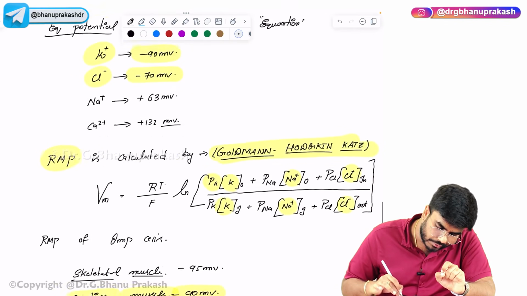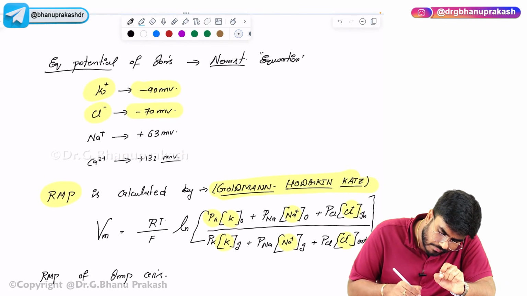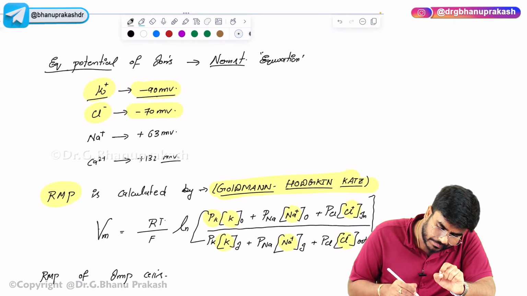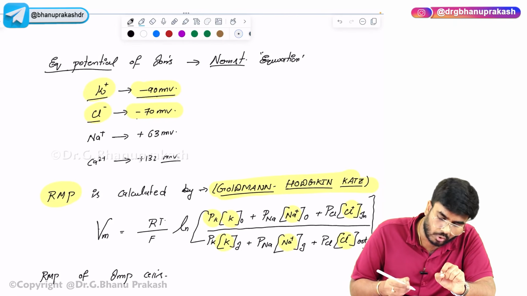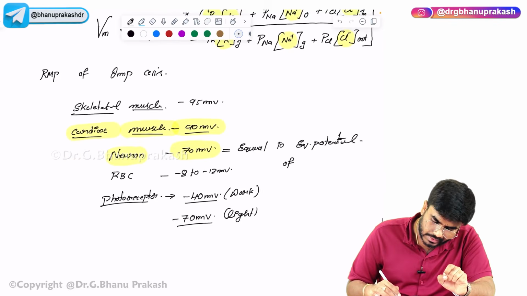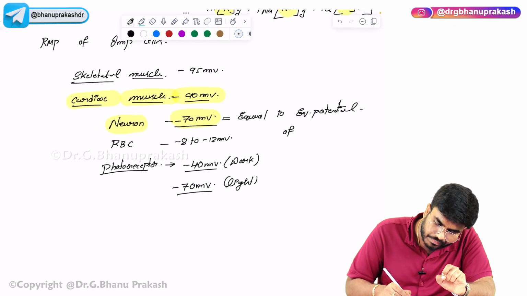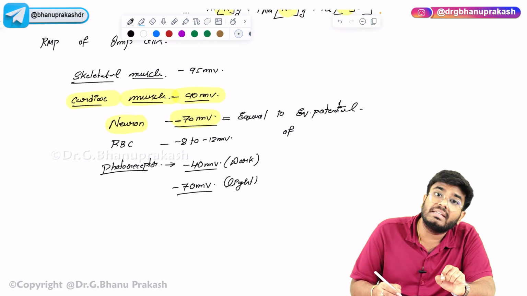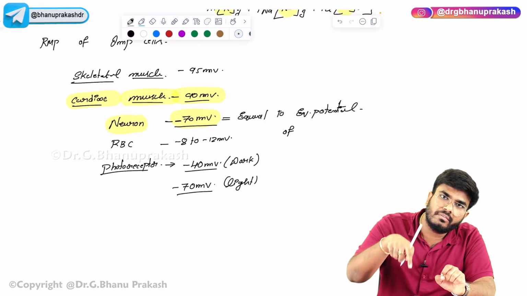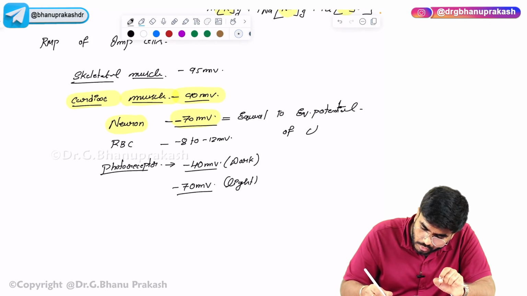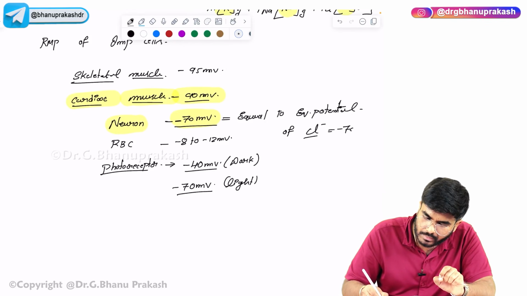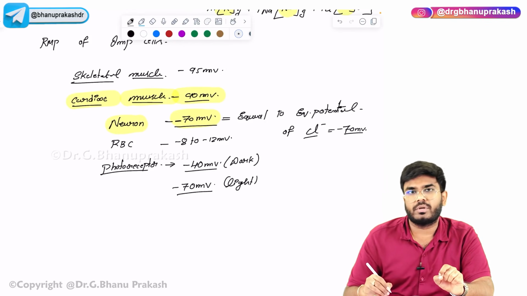I have already told you the equilibrium potential of potassium is minus 90. Equilibrium potential of chloride is minus 70. So the neuron has a resting membrane potential of minus 70, which is equal to the equilibrium potential of chloride, because chloride also has minus 70 millivolts.